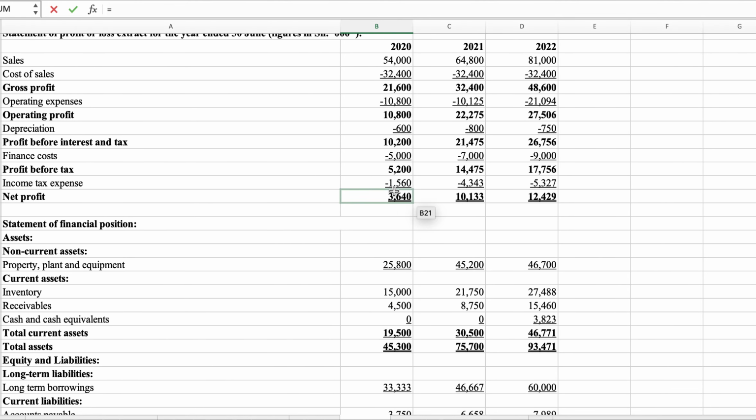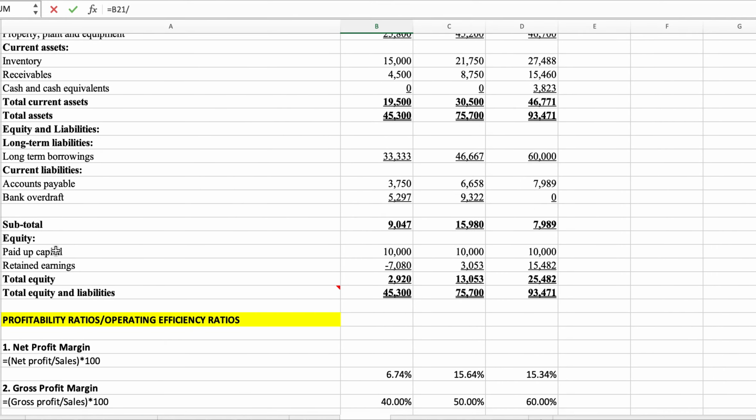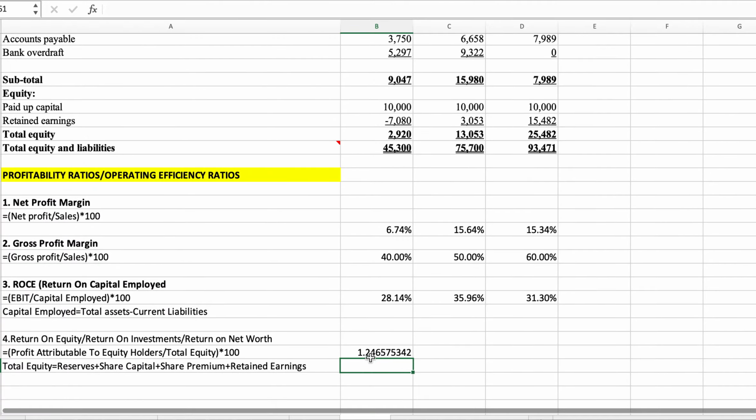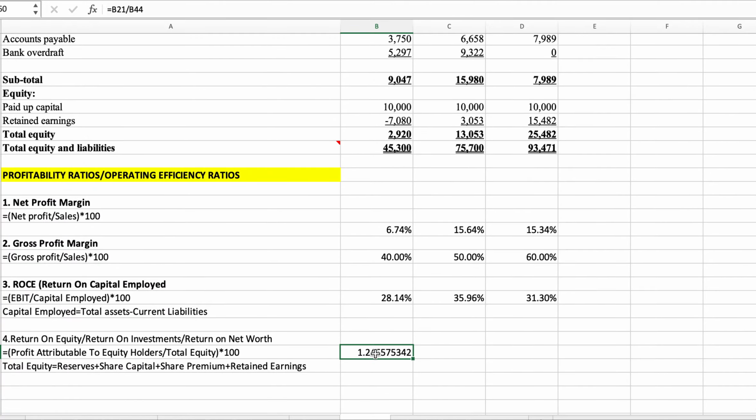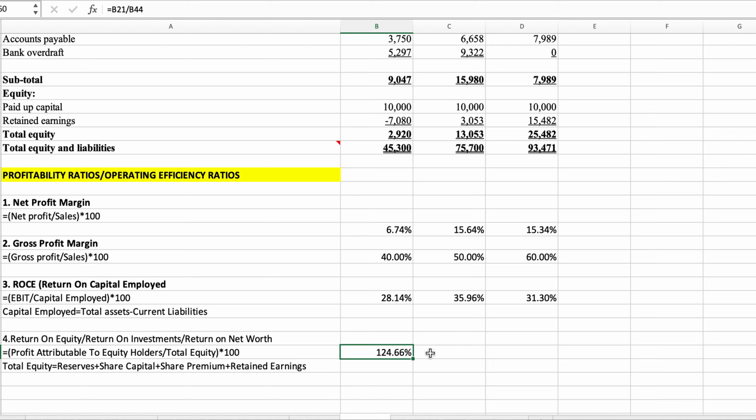You take this 3640 and divide by the total equity, which is comprised of paid up capital and retained earnings. Then you multiply by 100, or express as a percentage if you are using Excel. That is if you are doing a computer-based examination and the examiner allowed you to use Excel.